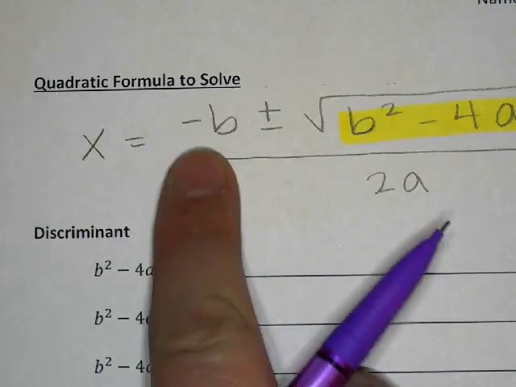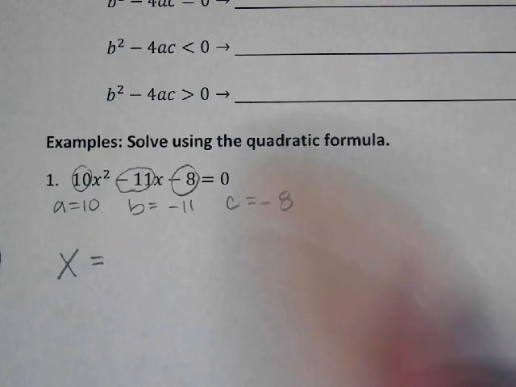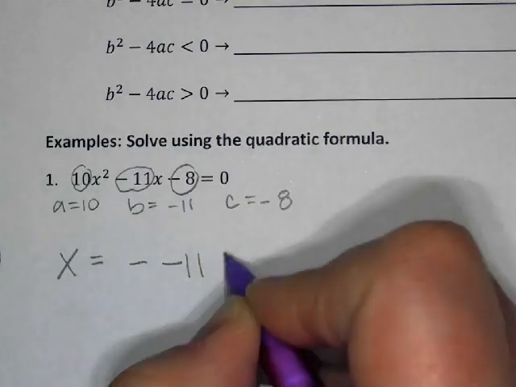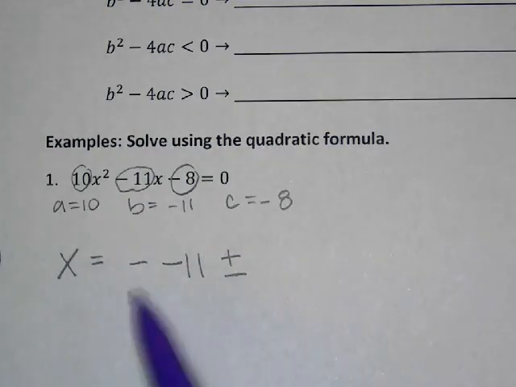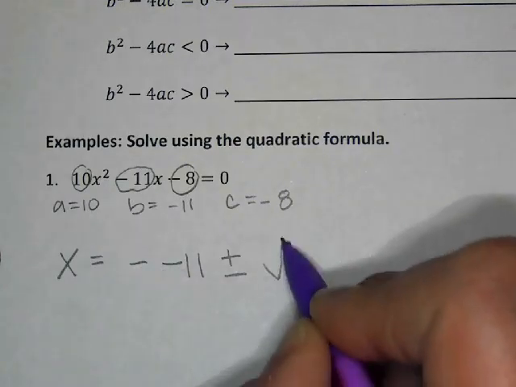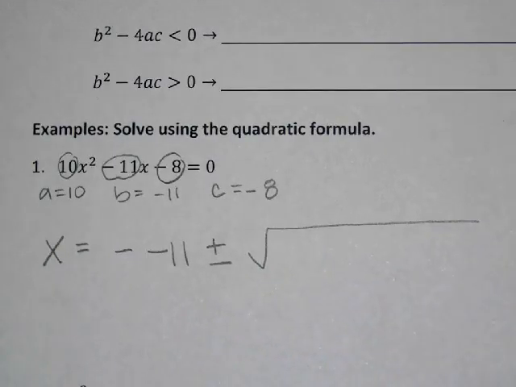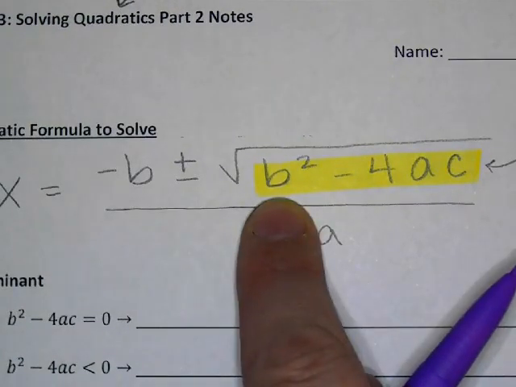So I'm just going to go ahead and start plugging my numbers in. The beginning of the equation says the negative version of b. So my b value is already negative, so I'm going to say the negative version of negative 11. And what happens with a negative negative? Makes it positive. So that's going to become positive. I'm going to leave it for now, but when I come back to it later, I'm going to make it positive. Okay? The next part of the formula said b squared.